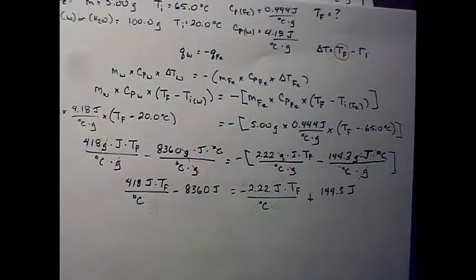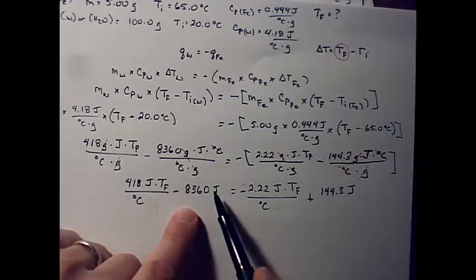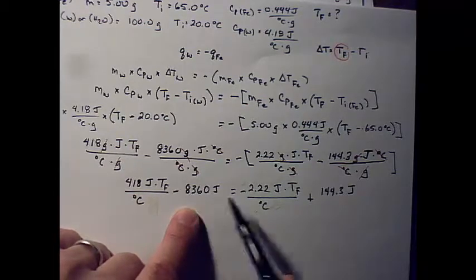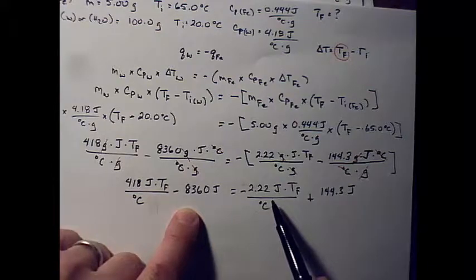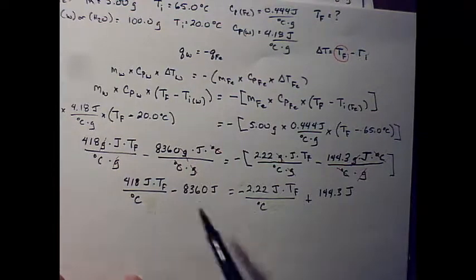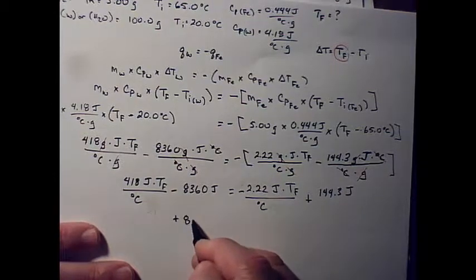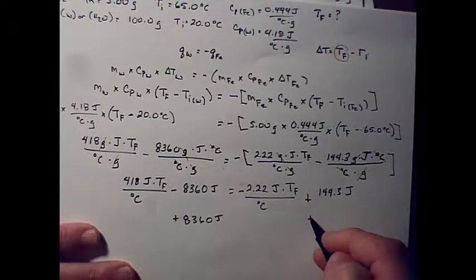All right. What we want to try to do is to isolate the unknown here. To do that, we've got to collect terms. At least that's the term that I use for that. What I want to do is to add this number to both sides to get this over on this side, and then add this term to both sides to get that over on this side. So I'm going to add 8360 joules to this side and to this side.